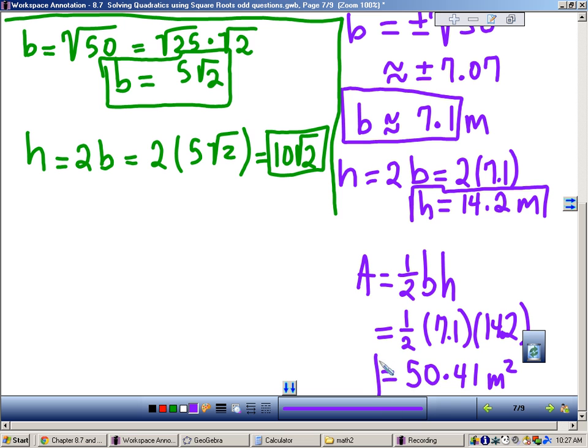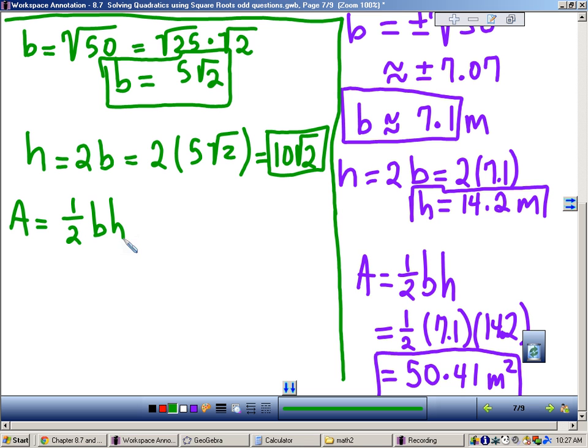If you're an engineer designing a product, that rounding error could be dangerous. And precision is necessary. So using the information here with the square roots, the exact numbers, if you were to solve it, you would be doing the same thing, 1/2 base times height.